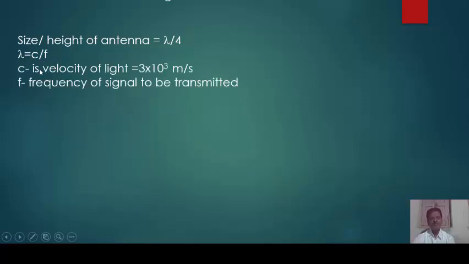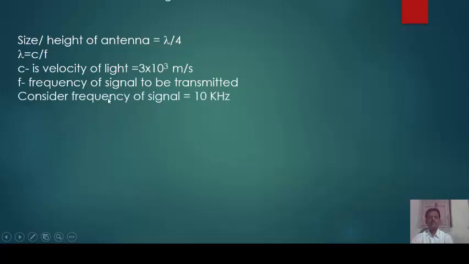Okay, so the velocity of light is 3 into 10 raised to 8 meter per second. Here there is some error. This is not 10 raised to 3, but this is 10 raised to 8. We know that the velocity of light is 3 into 10 raised to 8 meter per second, and the frequency f is the frequency of the signal which is to be transmitted.